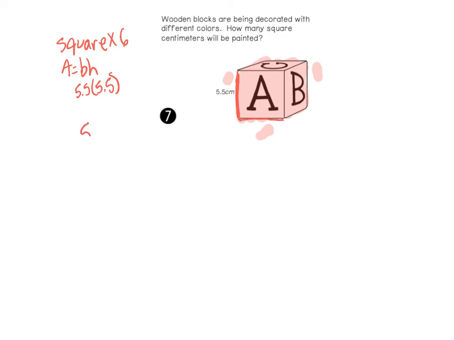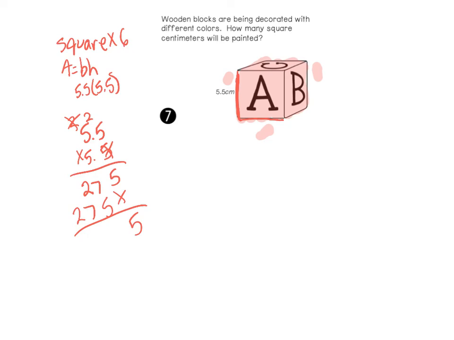So let's multiply. 5.5 multiplied by 5.5. Now we add. There's 2 decimal places up here. We have 1, 2. So move it 2 decimal places.